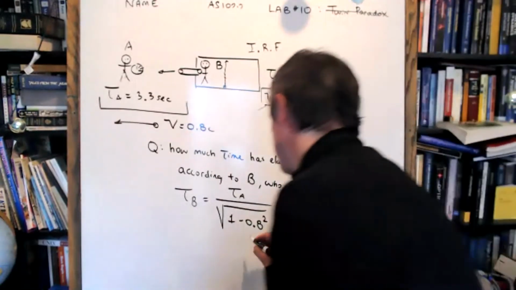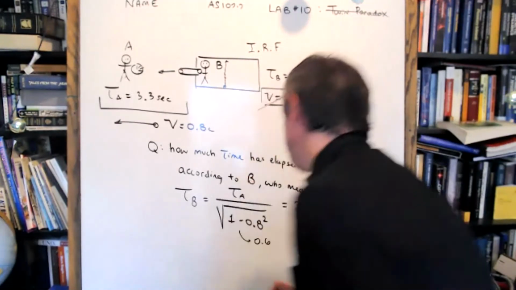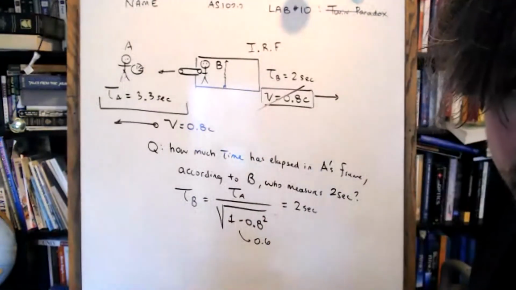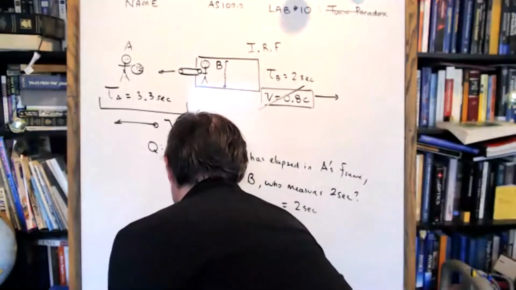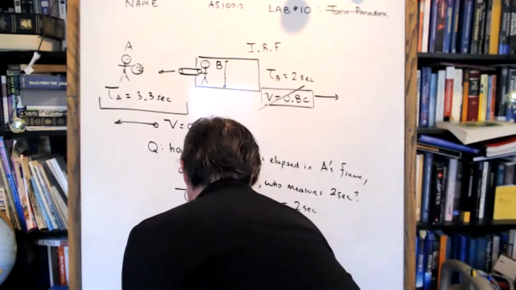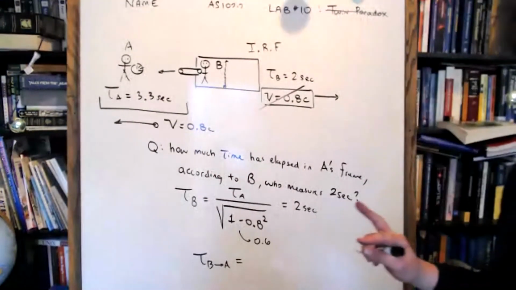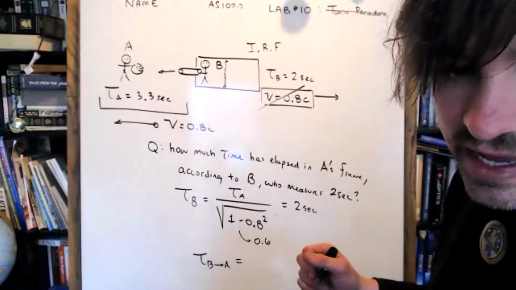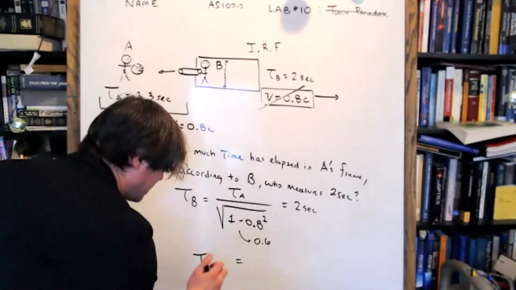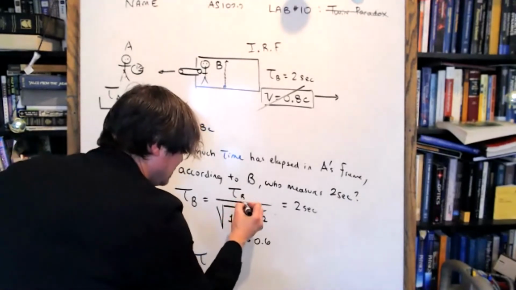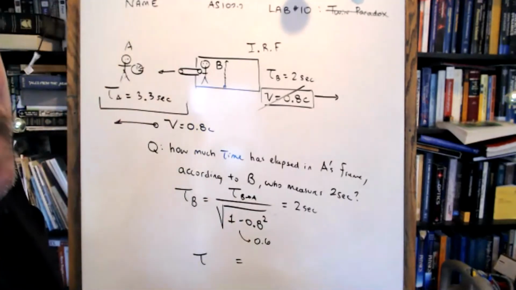Since this term here boils down to basically 60%, if you do the radical 1 over 1 minus 0.8 squared, TB, the time that B observes for A, okay, things get a little messy here when we talk about TB and TA. The time that B observes for A, which is TB measuring A's frame, is not exactly A's time, it's B's observation of A's time.